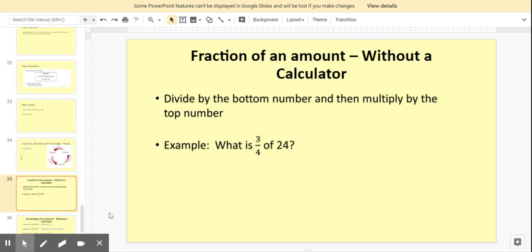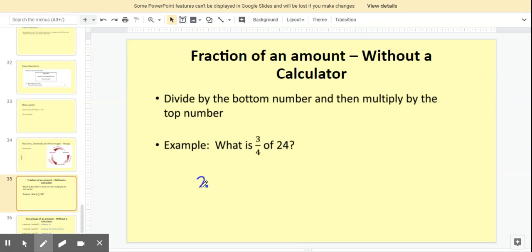The other thing we talked about was how to find the fractional amount and how to find a percentage amount. To find a fraction of any amount, and we talked about doing this without a calculator, we will talk about calculator methods for this in a bit more detail, you just divide the amount by the bottom number and then multiply it by the top number. So in this example, we want to find 3/4 of 24.